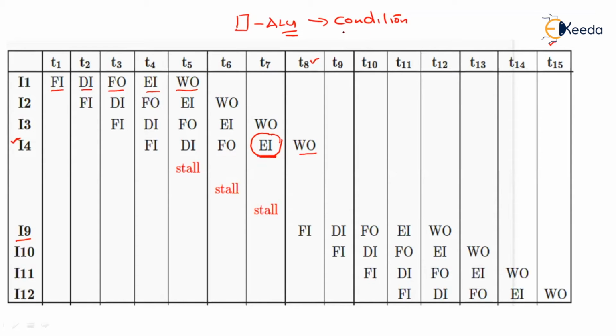We need to wait only till the condition gets evaluated. We need not wait till the write back stage. This write back stage is simply a write back to the memory. Some results will get transferred back to the memory. We need not wait because it doesn't require the ALU.